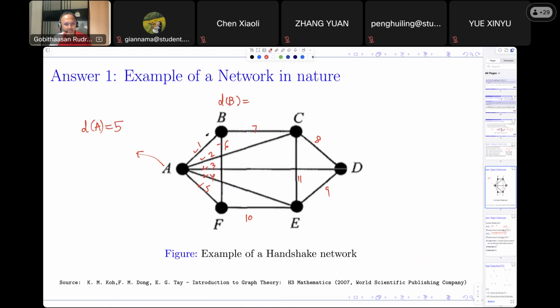And degree of B is 1, 2, 3. Degree of C is 1, 2, 3, 4. Right, so we can calculate all the degrees, the degree for each vertex, right? And from here, we would be able to see who is the most sociable person and who's not. For example, the highest degree here is 5.